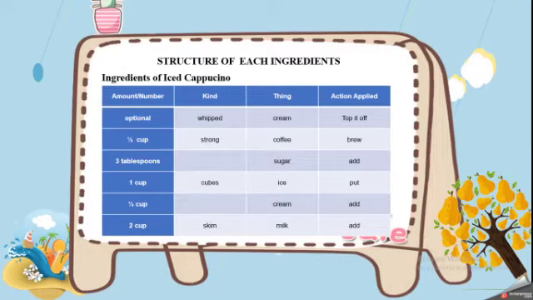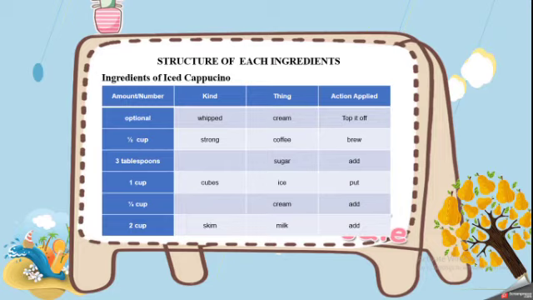In the recipes, there is a structure of each ingredients. For example, ingredients of iced cappuccino. You can see in the example before. Here there is amount or number, kind, thing, and action applied.